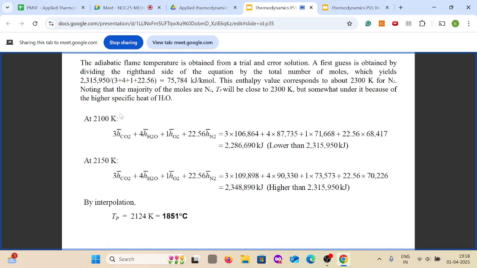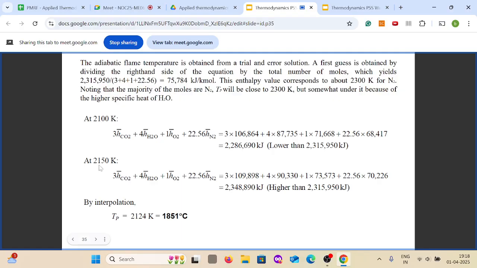Here again we start with 2100 Kelvin. If you see, the value is 22,86,690 kilojoule, which is lower, and so we take the next higher value.